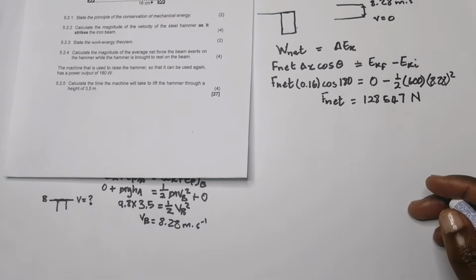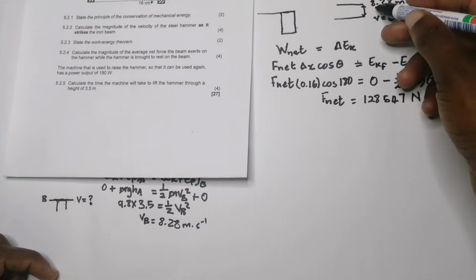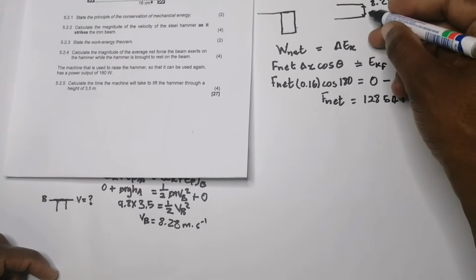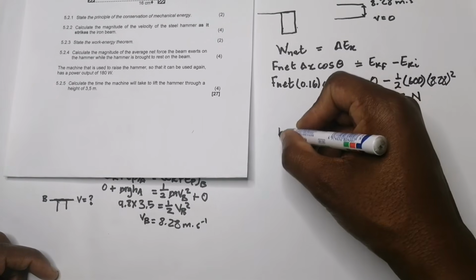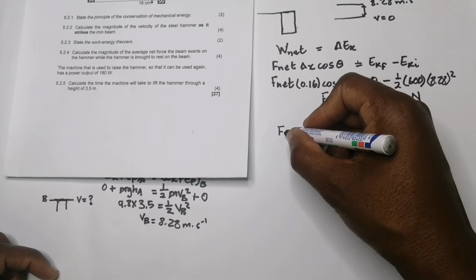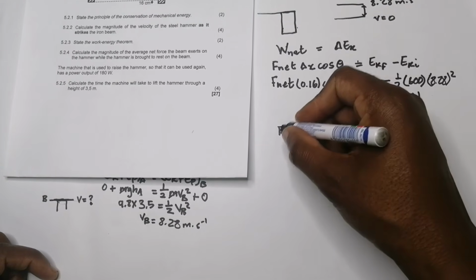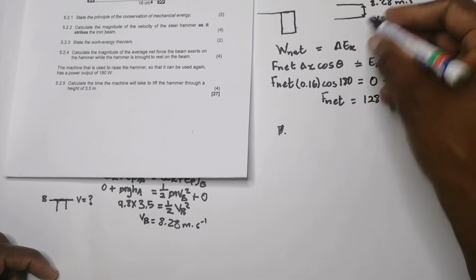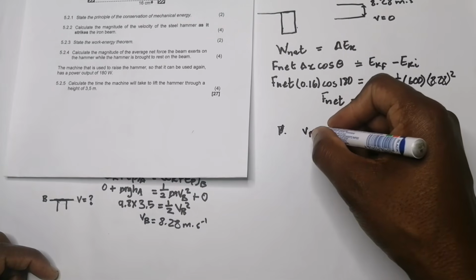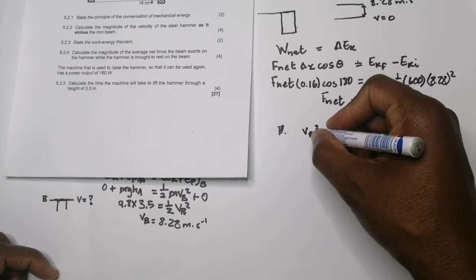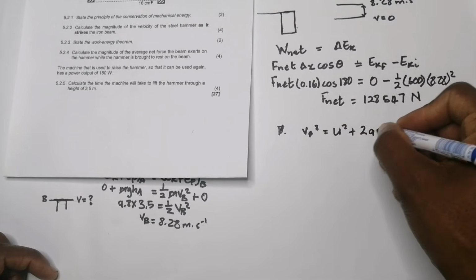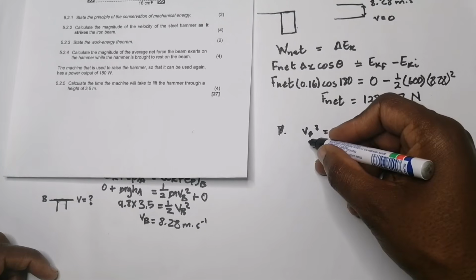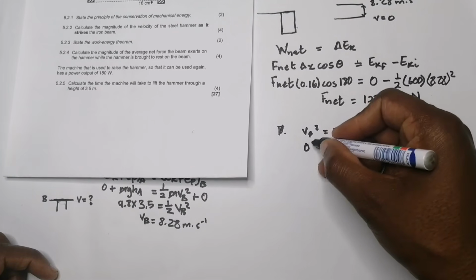Another way that you could have tackled this is that you could have used equations of motion and said, look, we can find out what the acceleration is. So let's find the relevant equation. V squared equals U squared plus 2as. What is my final velocity? That was 0.